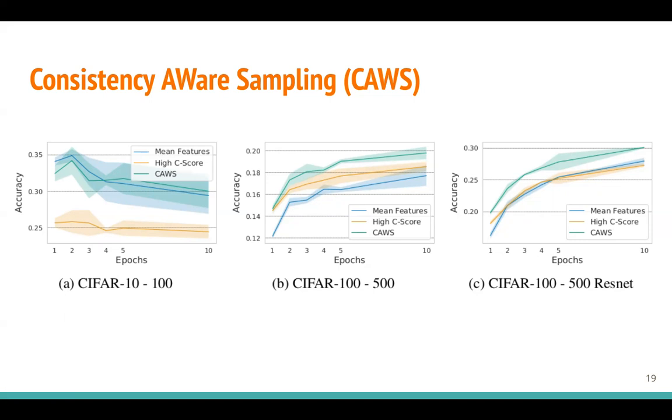And in the case when high consistency has better results, we indeed see that CAWS, that is the green line on the top, has better results than high consistency. Even if we increase the amount of epochs, if we increase the amount of memory size, if we decrease the amount of memory size. So in many different scenarios that we test this, CAWS indeed has better results.